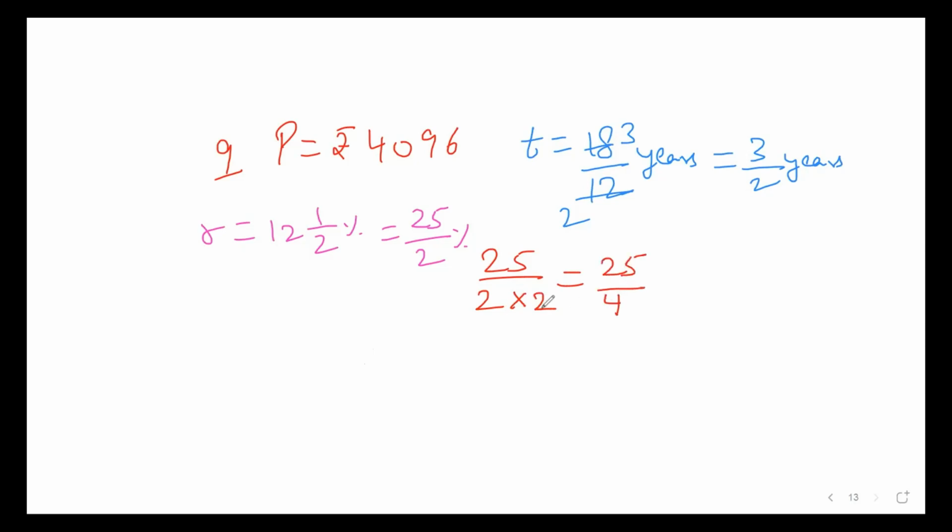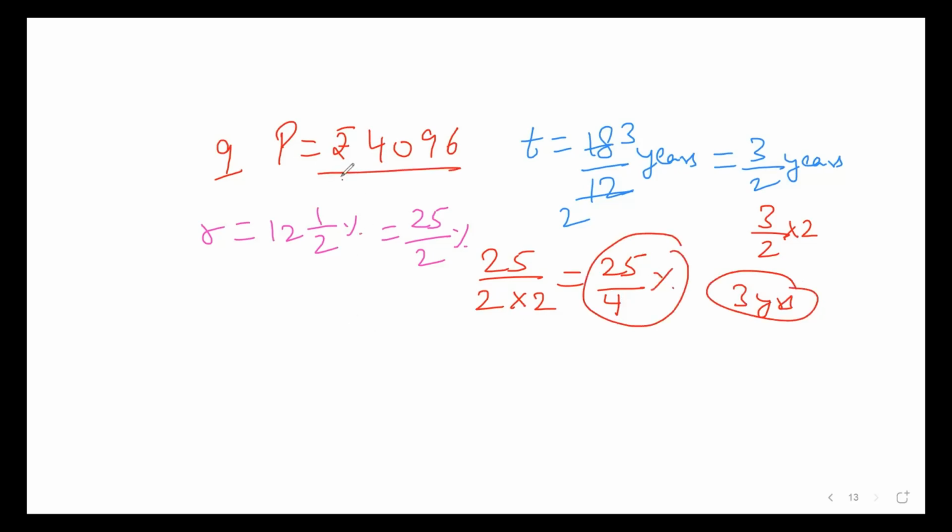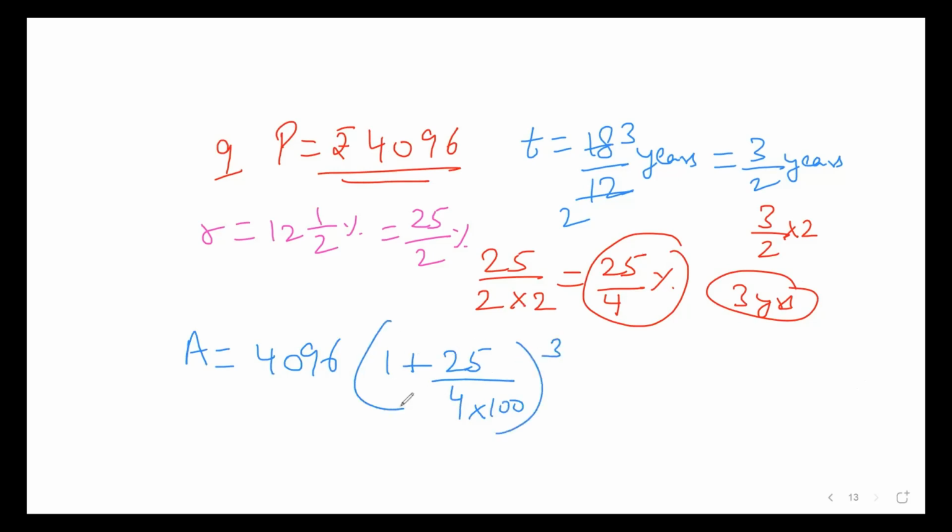Don't take it 25 because we are making the rate half. Time would be double. So time 3 by 2 multiplied by 2 is 3 years. So time is 3 years, rate is 25 by 4%, and the principal is this, and then apply the formula. So when you solve it, you will write like this: amount equals principal times 1 plus r upon 100, whole raised to the power t. You may solve the bracket and get the answer.